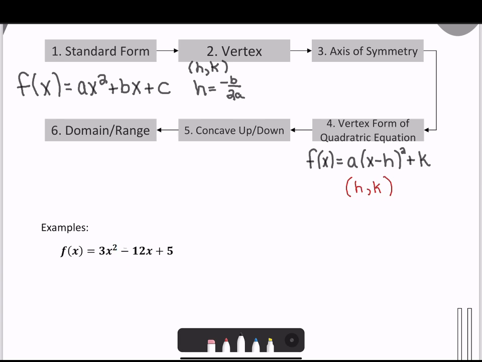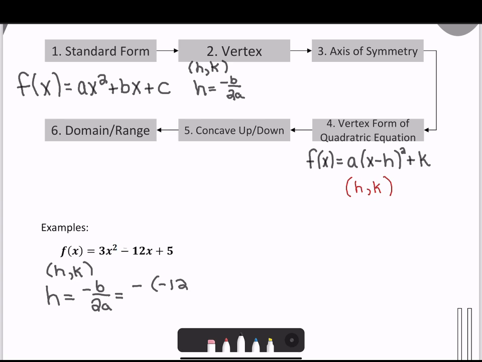Okay. So you see the example at the bottom, right? I'm going to use that to help me with an example. So this right here is written in standard form. I want to find the vertex. The vertex is h, k. So to find h, I'm going to take negative b over 2a. Your b value is negative 12, but there's a negative in the formula, so be careful with that.